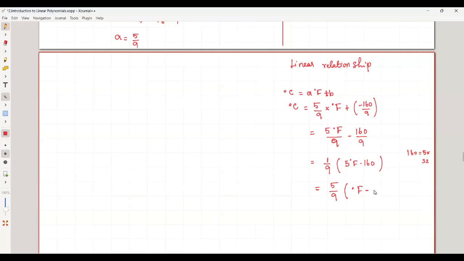So 5 is outside, which means the balance will have 32. So now this is the answer: 5 by 9 into degree Fahrenheit minus 32 is degree Celsius. I think you would have learned this formula in your lower classes, how to convert degree Celsius to Fahrenheit or Fahrenheit to degree Celsius. It's like a formula.